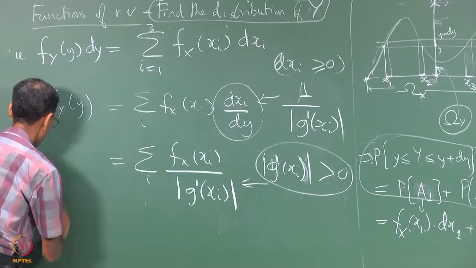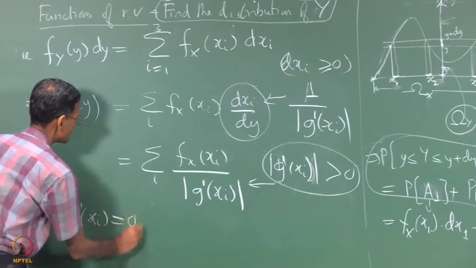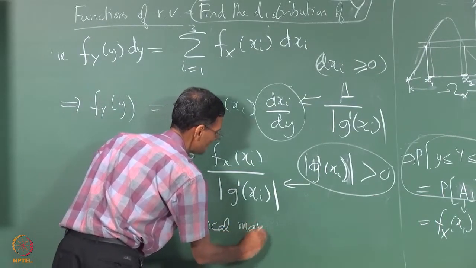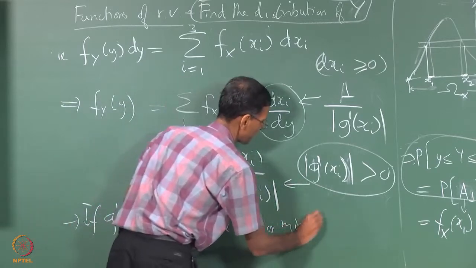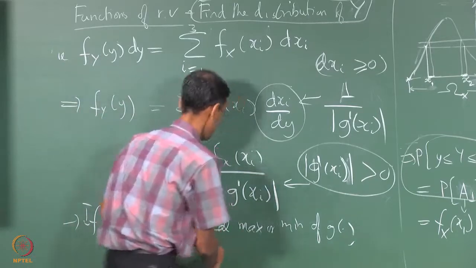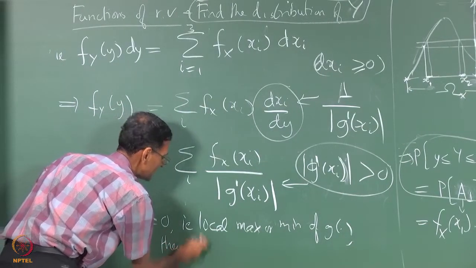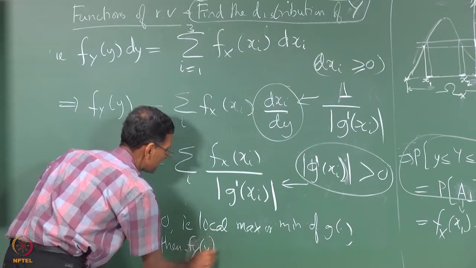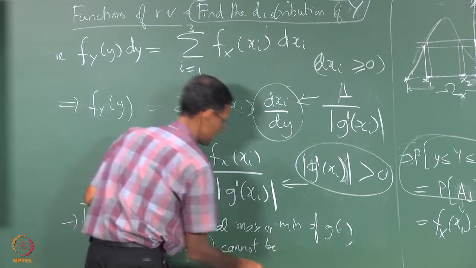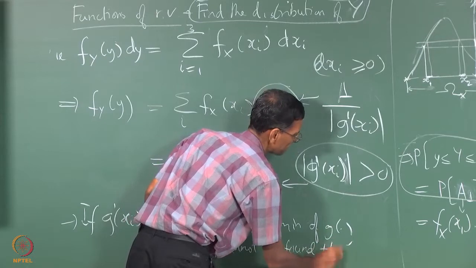So if it equals 0, i.e. a local extremum, max or min of g, what happens then? Then fy cannot be found using this method.